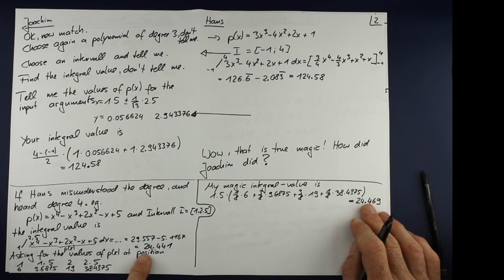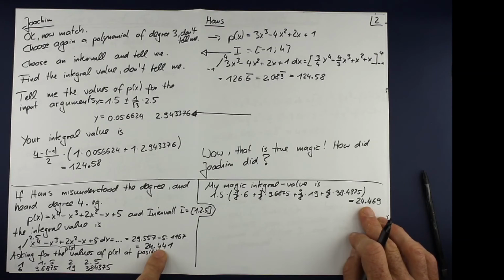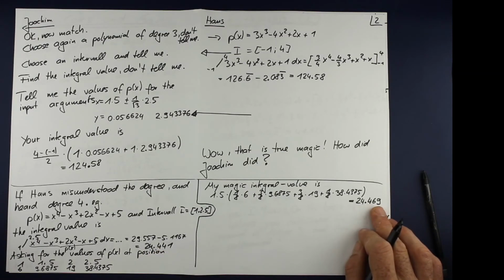Then I would tell him, I know your integral value, this is 24.469. Then Hans would say, no, that's not true. It's almost true. You are very close to my solution, but it's not correct. The correct solution is 24.4, but then instead of 69, we have a 4.1. So maybe Hans is impressed, but there is something wrong.